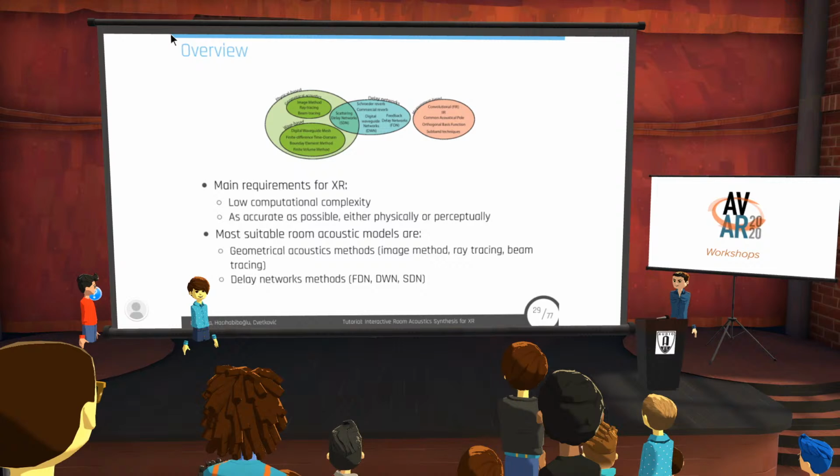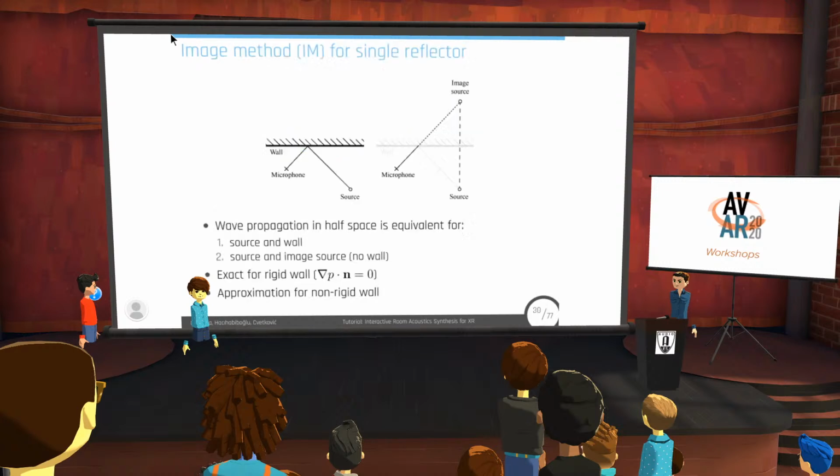At the same time, you want to be as accurate as possible. Physically if possible, but if that's not possible, you want at least a high level of perceptual accuracy. And within the classes of available room acoustic models, the ones that are most suitable for these applications are geometrical acoustic models and delay network models. We're going to take a look at these for the next few slides.